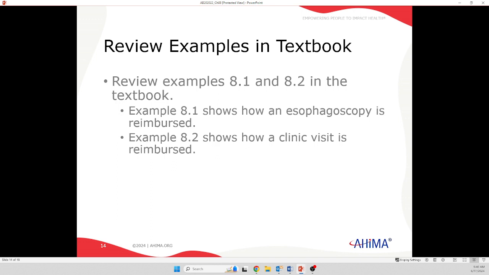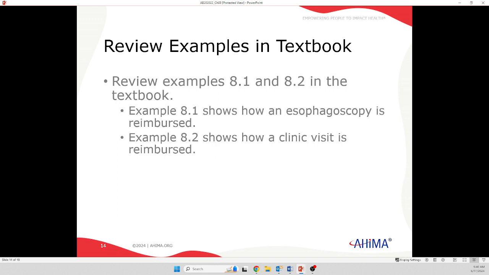We add those up and we multiply it by the conversion factor. So adjust the RVU for the geographic factor, add each of those up, multiply it by the conversion factor.